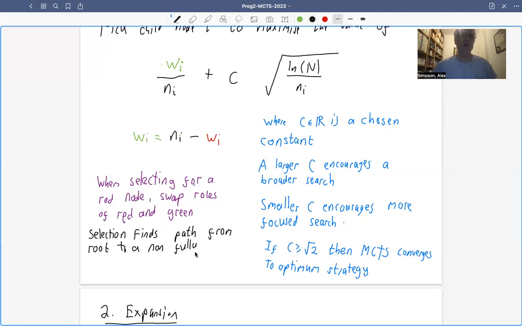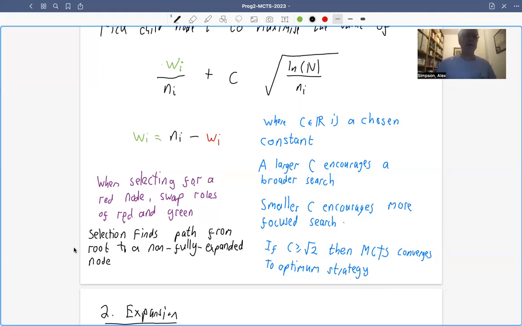You may know that in English, when you have a phrase that you turn into an adjective, so here I'm talking about a non-fully expanded node, which I could say numerous times in the time it's taken me to write it, when you use a phrase as an adjective, you hyphenate it.